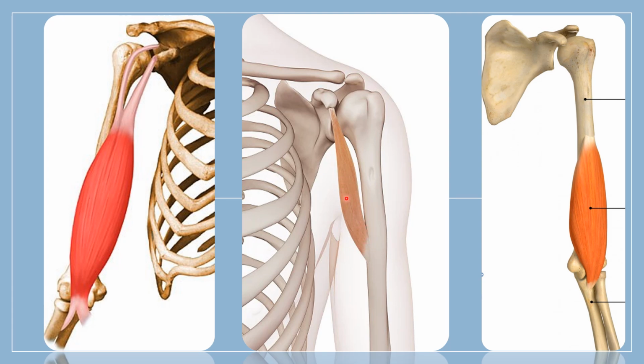In this muscle, it is supplied by musculocutaneous nerve. Musculocutaneous nerve is the one which is arising from the lateral cord of brachial plexus. It has a peculiarity that the musculocutaneous nerve pierces the coracobrachialis muscle and then it is supplying. So this is the thing which is important in a coracobrachialis.